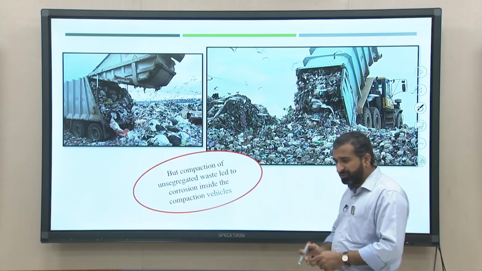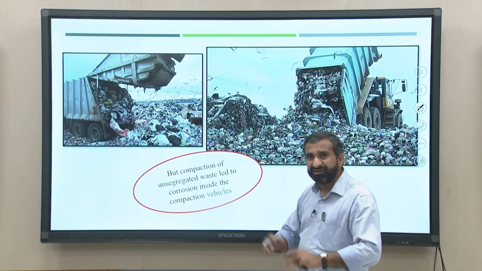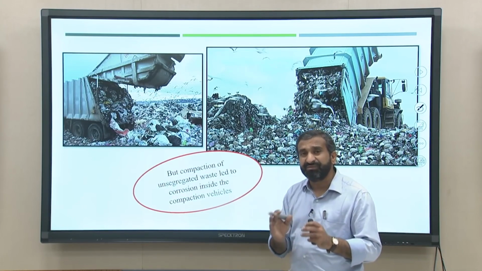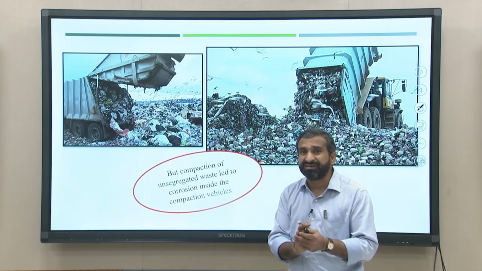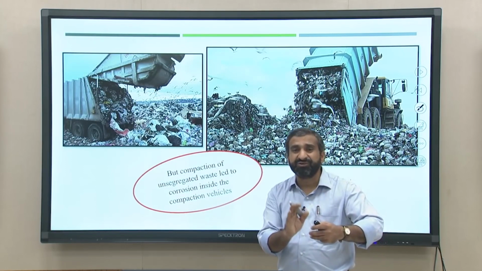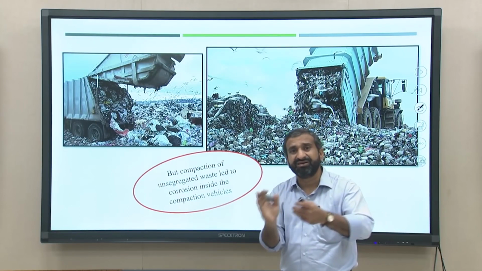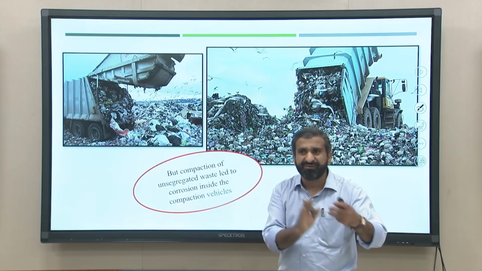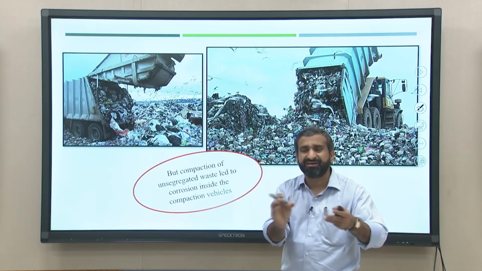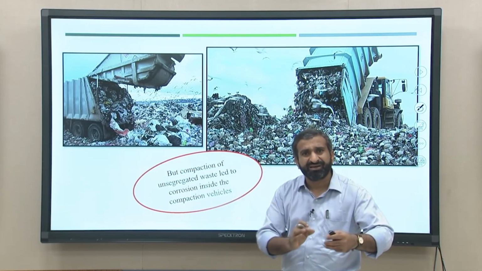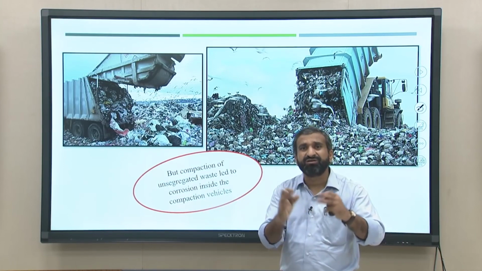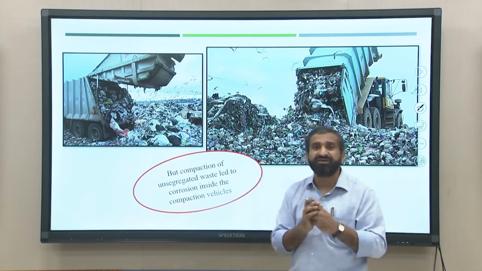But now, if the same kind of vehicle is used for segregated material, these compactor vehicles are highly beneficial for only dry matter. If dry matter is segregated and you collect it with the compactor vehicle, that will be highly beneficial, because dry matter like paper, plastic, rubber, leather, metal, glass could be compacted together and hauled, and in a single trip it is possible to haul 7 to 8 tons or up to 10 tons of waste.